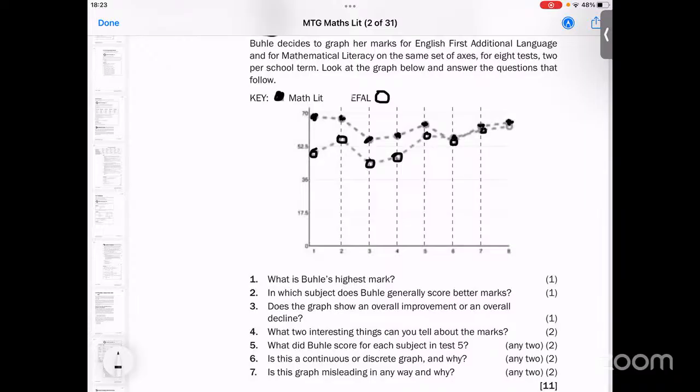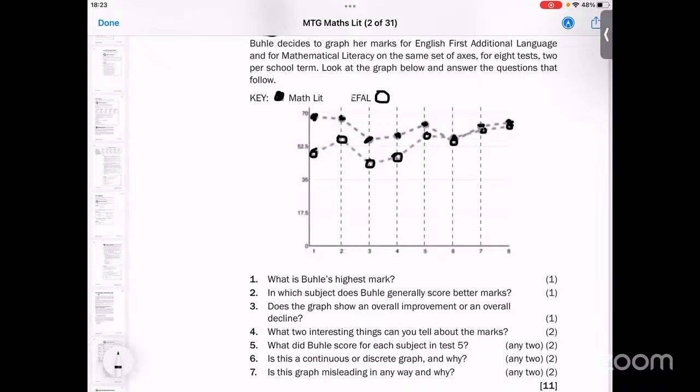Just remember that. So that means the higher the points, the higher the marks, the better the performance on that particular subject. So now the question is, in which subject does Boutle generally score better marks?